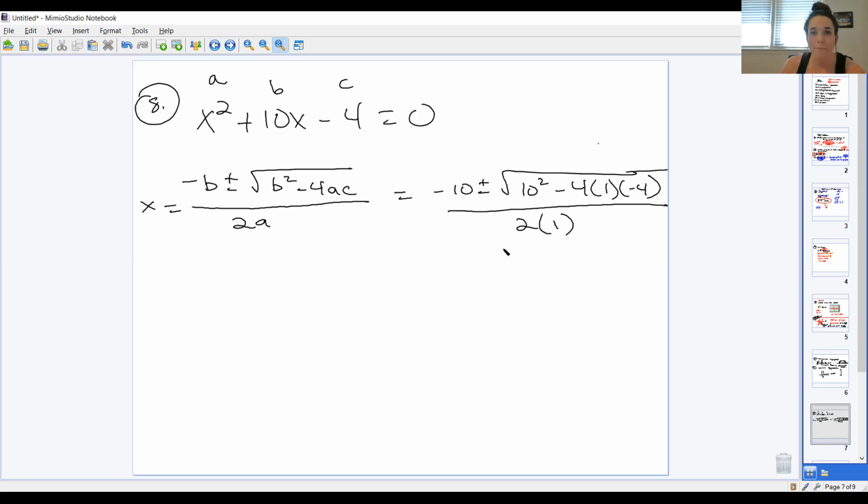And then we're going to simplify. So we get -10 on the outside plus or minus the square root. 10 squared gives you 100. -4 times 1 is -4, and -4 times -4 gives you +16, divided by 2.